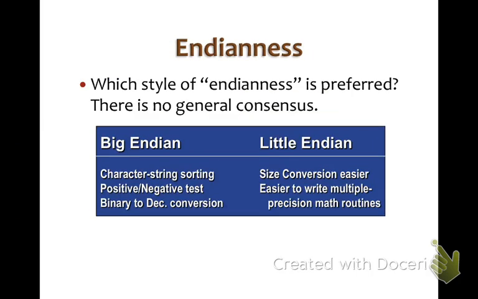And here's the deal. Designers can determine whether their processor is going to be big endian or little. So you say, well, which of them do they choose? Well, it depends on what they want the machine to do. So you see a lot of discussion about the relative merits of the two formats, very similar to the religious arguments in Gulliver's Travels. The bottom line is there are some advantages for big endian that we see right here.